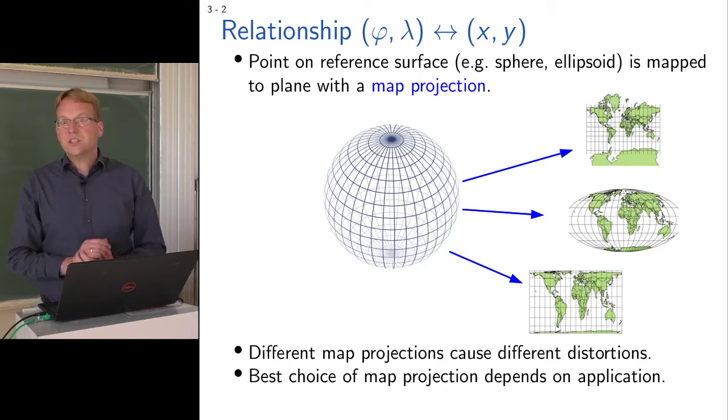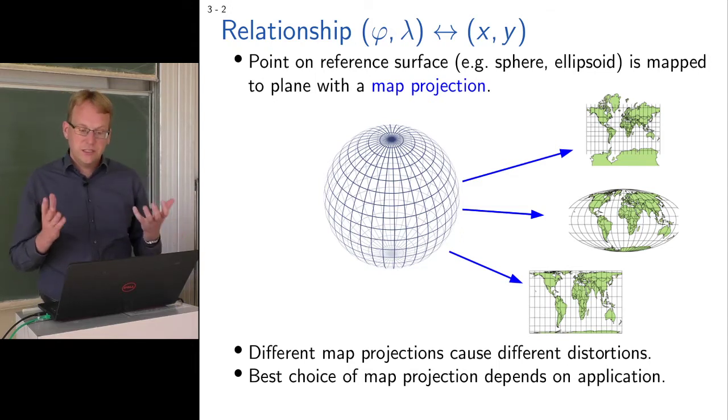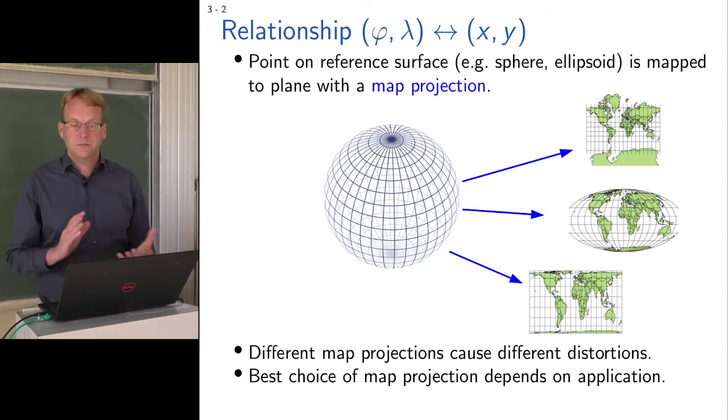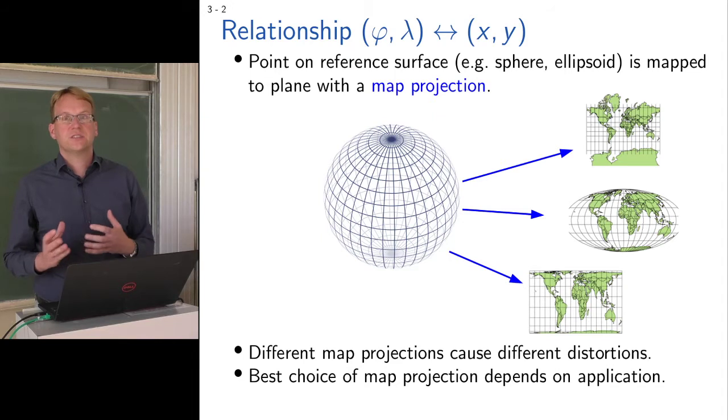And then there's not just one map projection for all purposes. We need different map projections because in some cases maybe we would rather tolerate distortions of areas, in other cases we would rather tolerate distortions of angles. That depends heavily on the application.